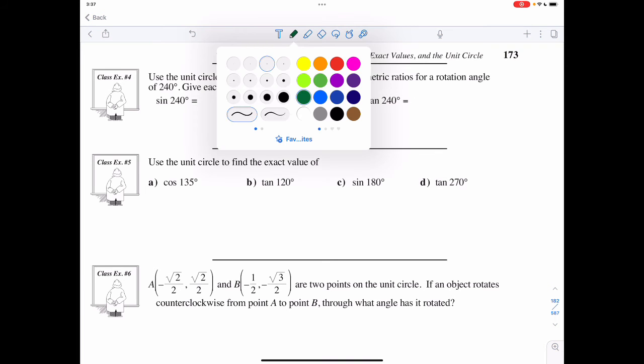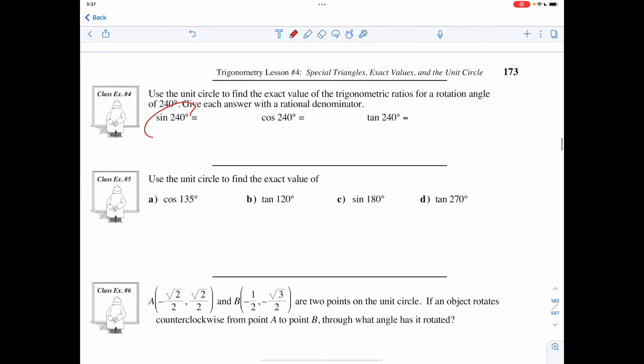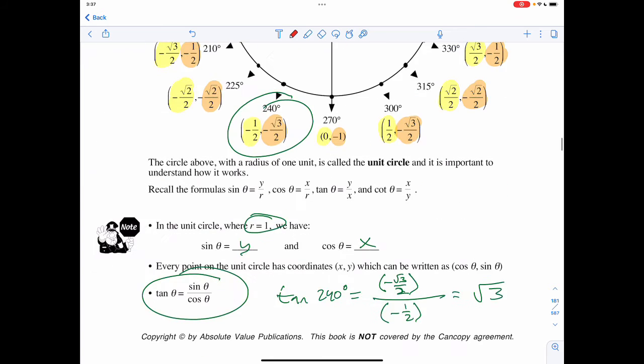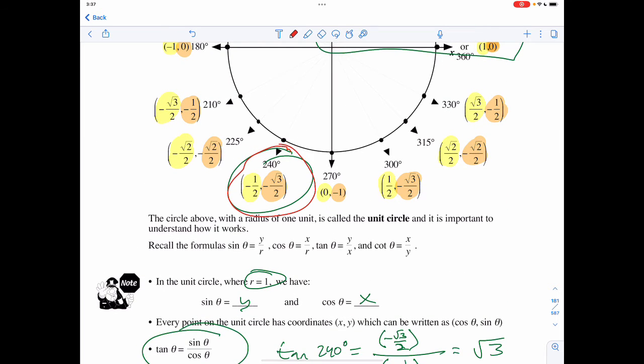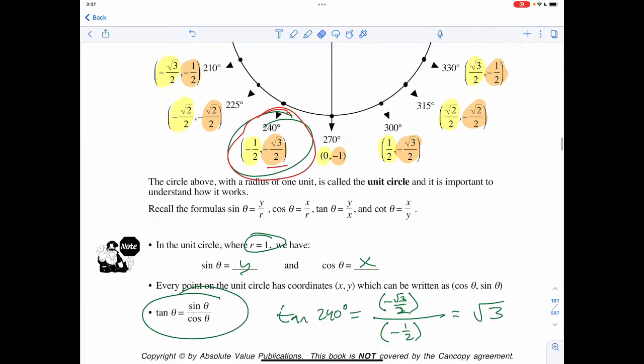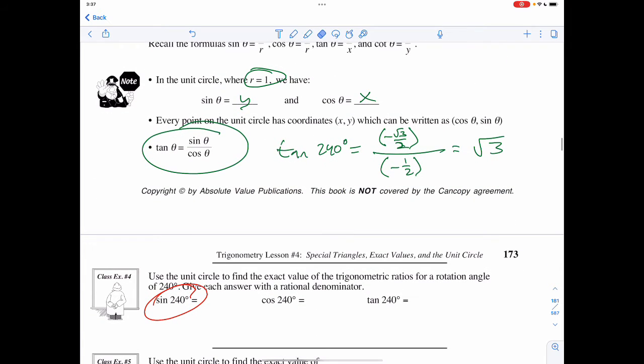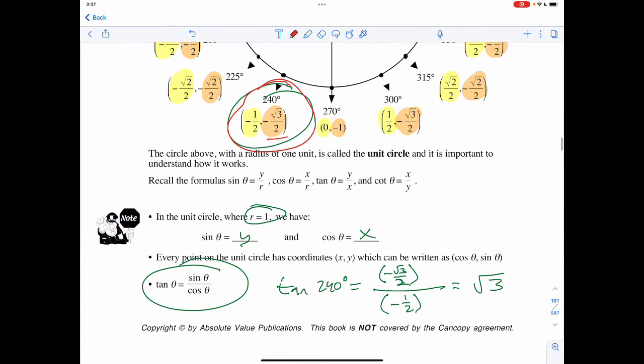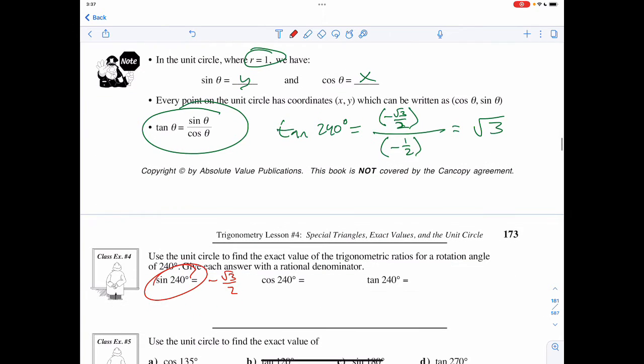So, based on the unit circle, if I have 240 degrees, go to 240 degrees, like I already have here. Sine is my y value. It's just negative root 3 over 2. At the same spot, cos is my x value right here. That's just negative 1 over 2.